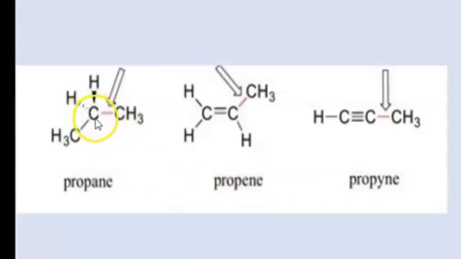So here we can see this carbon is bonded to another carbon with a single bond, okay? Whereas these 2 carbons here in propene have 2 bonds in between them. That's a double bond, all right? And then here in propyne, we see a triple bond.